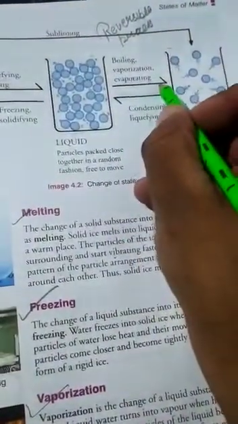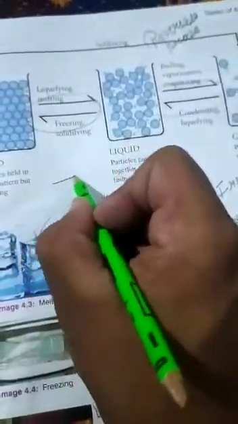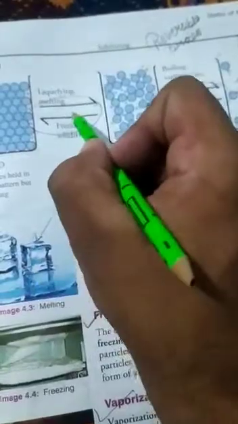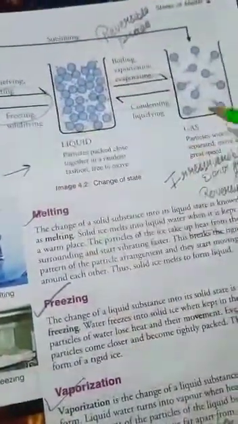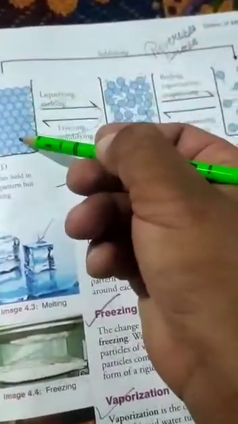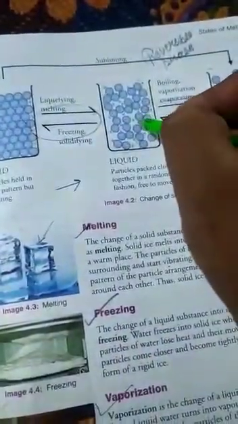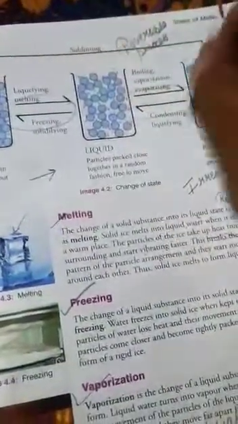Here you will see these two arrows. Why don't we use a single arrow? These two arrows indicate that it is a reversible process, meaning from gas we can go to liquid, and from liquid to solid. As in the beginning we come from solid to liquid, and after that liquid to gas, in the same way we can go back, meaning we can reverse the process.